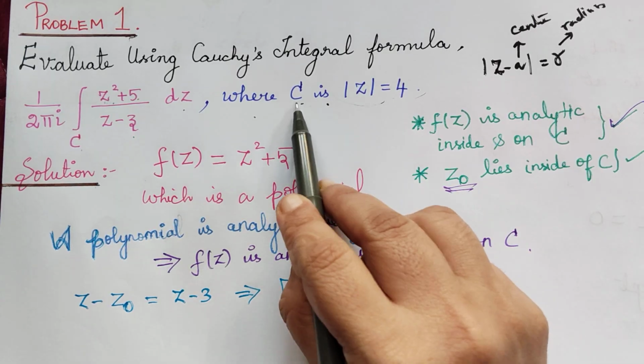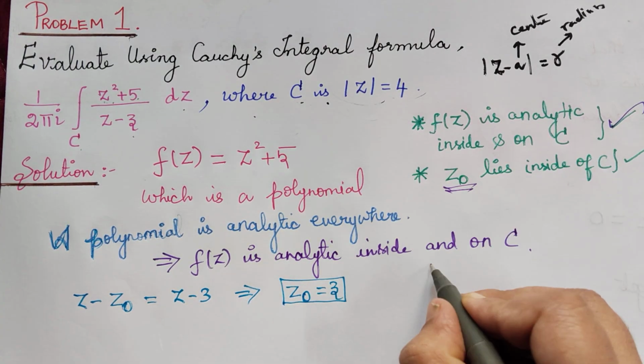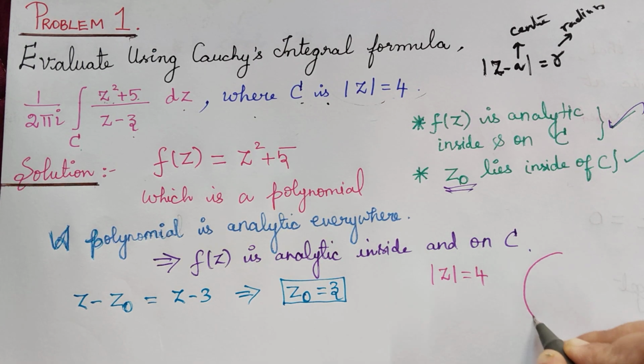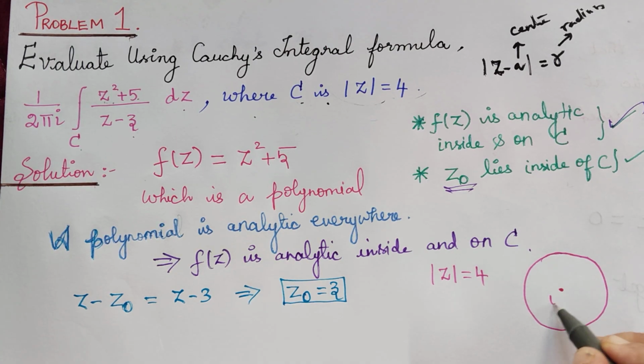What is the circle given? It is modulus of z equal to 4, which means the circle has its center at the origin, 0 comma 0, and the radius is 4.